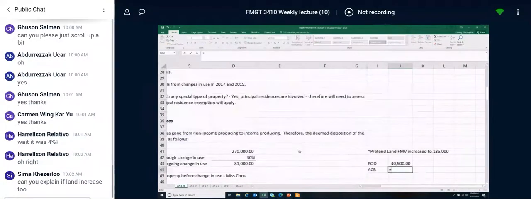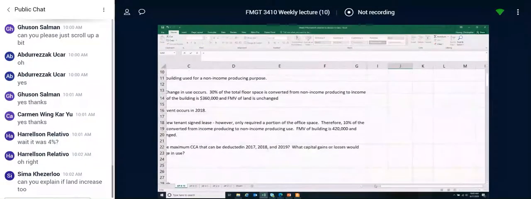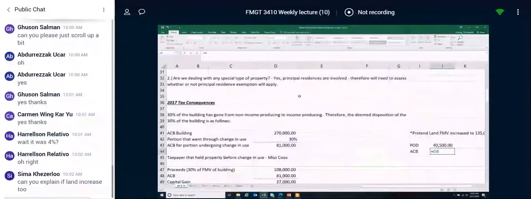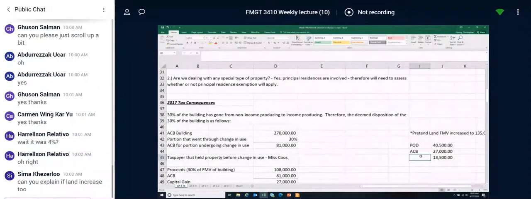What's your ACB? Well, what's your original cost? The original cost of your land was $90,000. So 90,000 times 30%, and you just do your calculation of a capital gain.